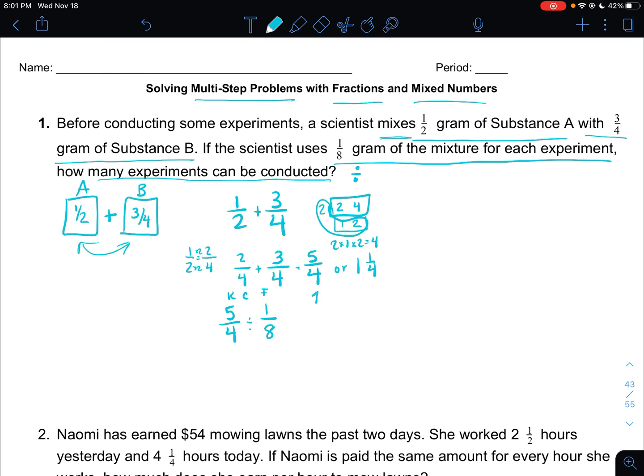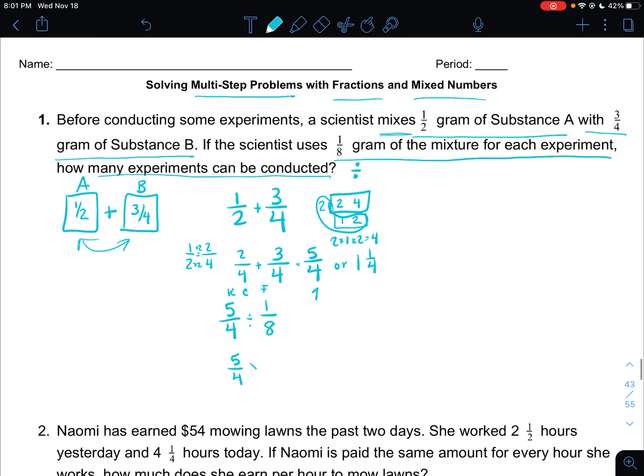This is where you apply your keep, change, flip method when dividing fractions. We're going to keep 5/4, change division to multiplication, and flip, or find the reciprocal of 1/8, which is 8 over 1.